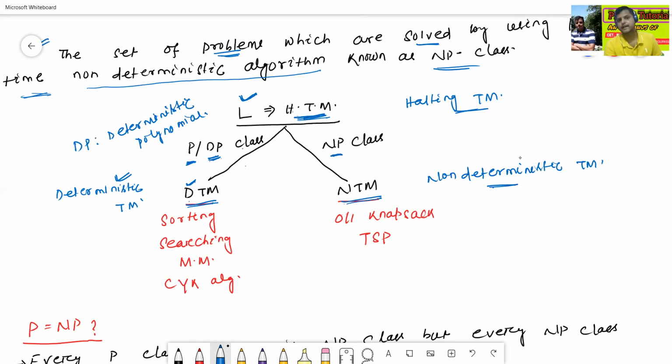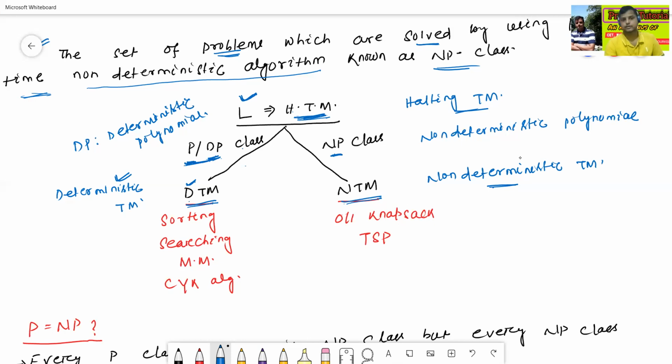NP class means non-deterministic polynomial class. So P or DP means polynomial or deterministic polynomial class, and NP class means non-deterministic polynomial class.